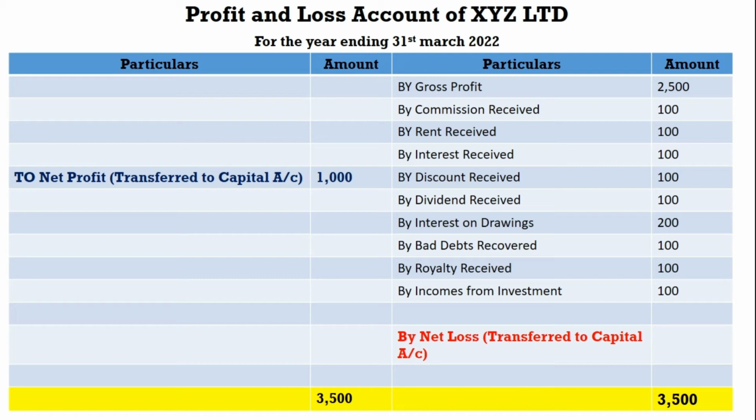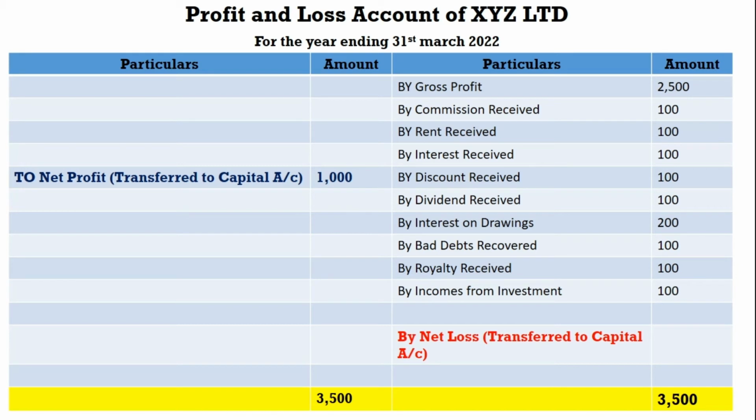Bad debts recovered. Previously I explained bad debts on the expense side: money we are not going to receive at all is called bad debts, correct? Bad debts recovered means we received money from old customers.